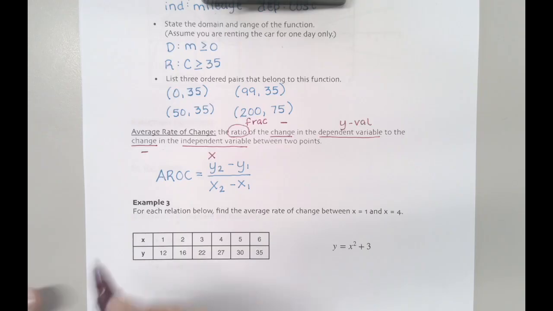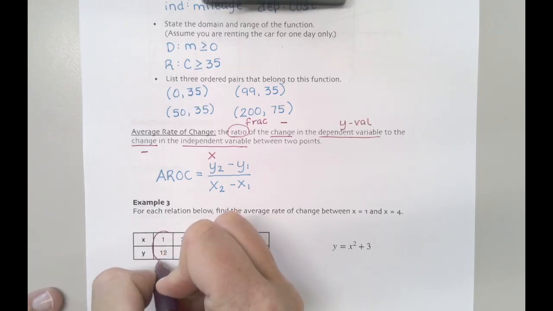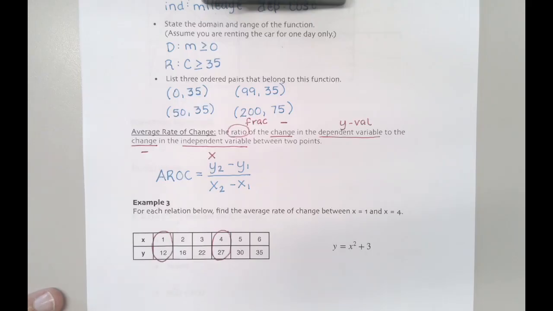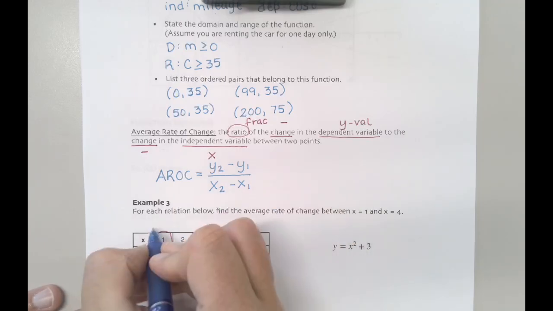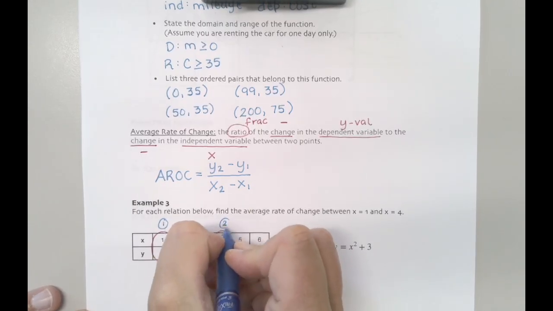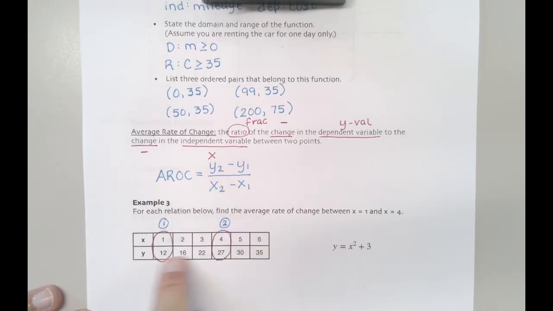Here is x equals 1, here is x equals 4. What we are going to do is subtract the y values and subtract the x values. This is my point number 1, and this is my point number 2. When I say y2, that's the y coordinate from point number 2. It actually wouldn't matter if you switched those around, as long as you kept it consistent between the x's and the y's.